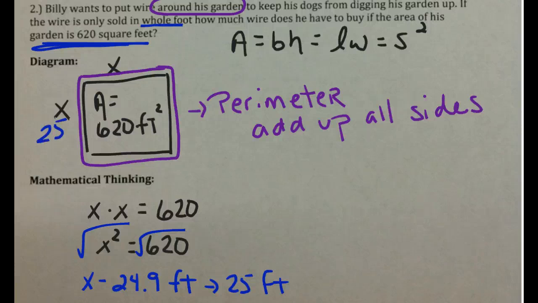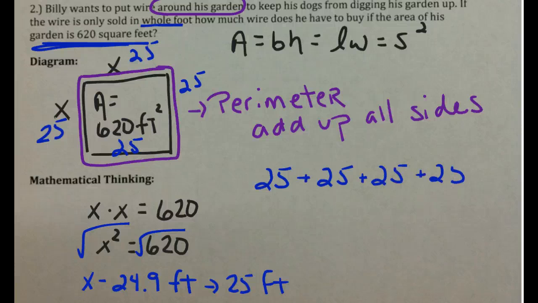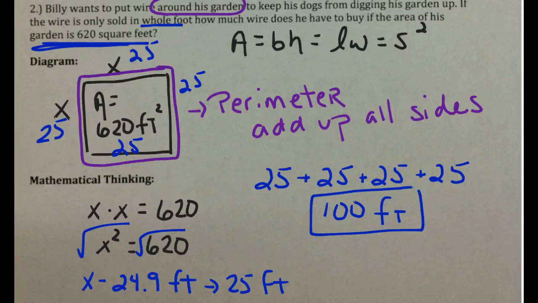And in a square, if one side's 25, they're all going to be 25. So now we're going to add up all our sides. We have 25 plus 25 plus 25 plus 25, which equals 100, and remember to label, feet. So he needs 100 feet of wire to put around his garden.